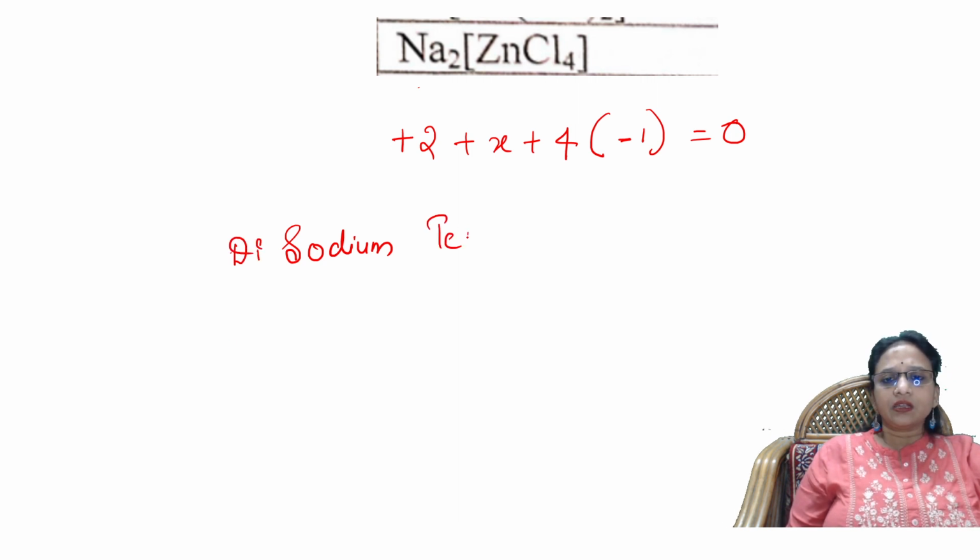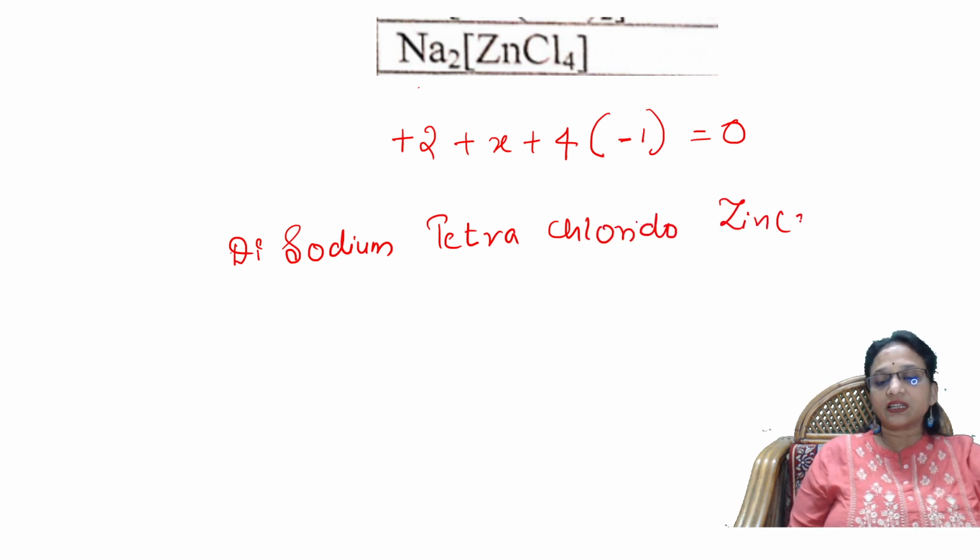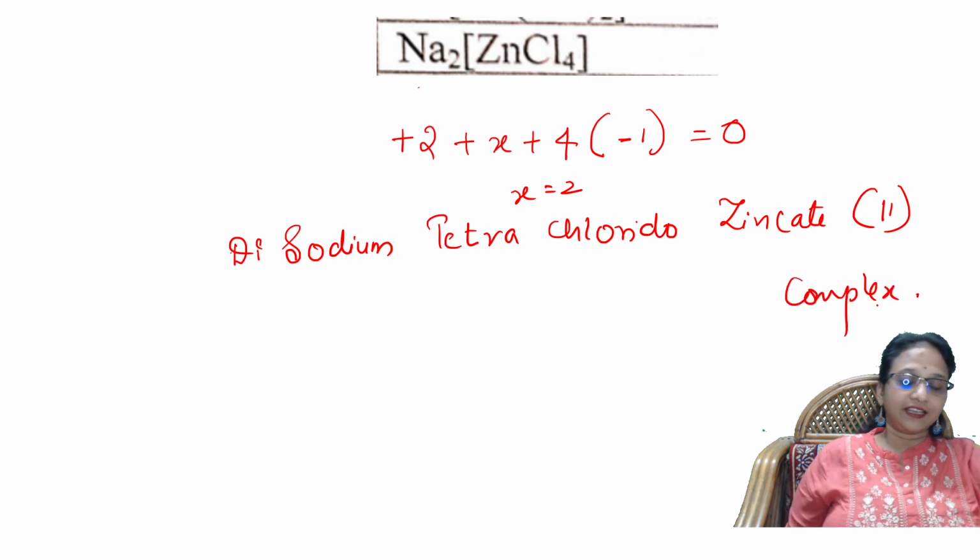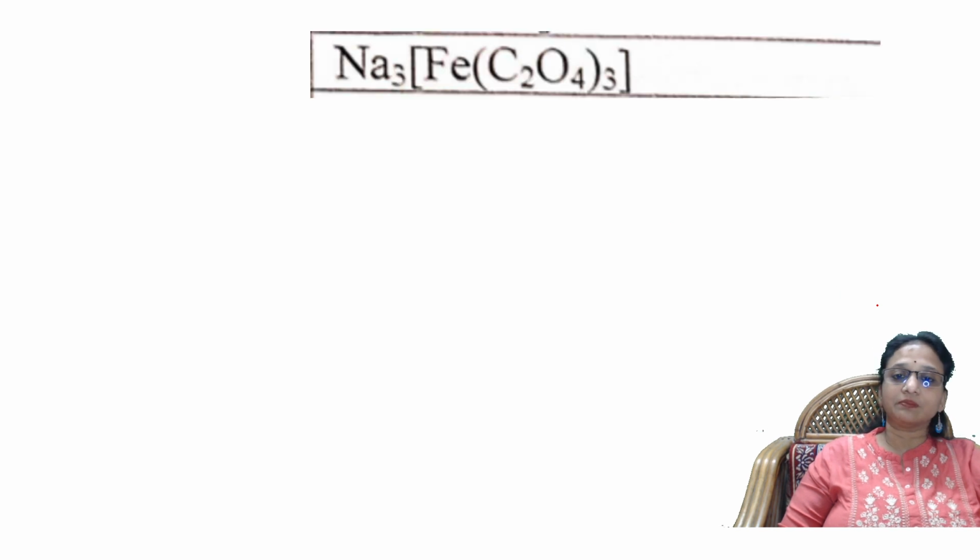Disodium, tetra, negative ion, chlorido. Then the metal atom, zincate, 2. Zincate 2 complex. X is equal to 2. Easy. Easy.